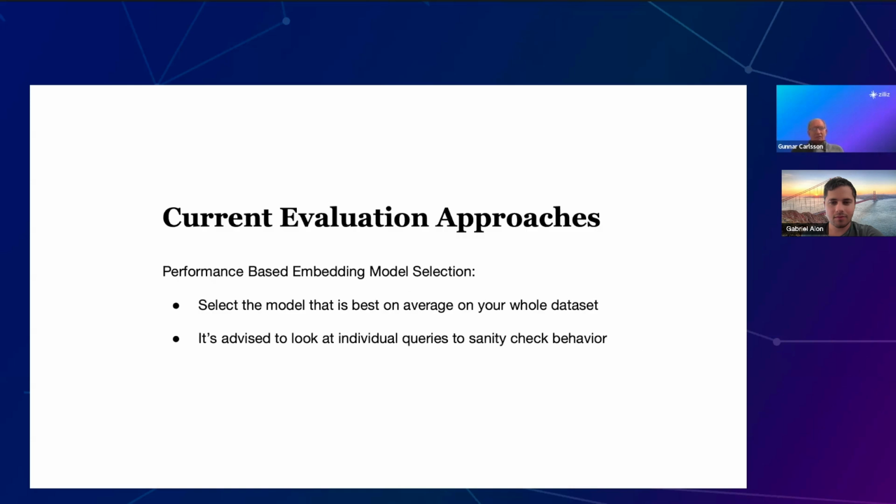What we've seen for choosing an embedding model for vector databases is that the current approach is to look at the average performance on an entire data set. And when people are advised to look at the actual queries, we've seen in many cases that they're advised to look at individual queries. Each of those has its own merit. However, if you take the summary of an entire data set, you're not seeing where the problems are happening.